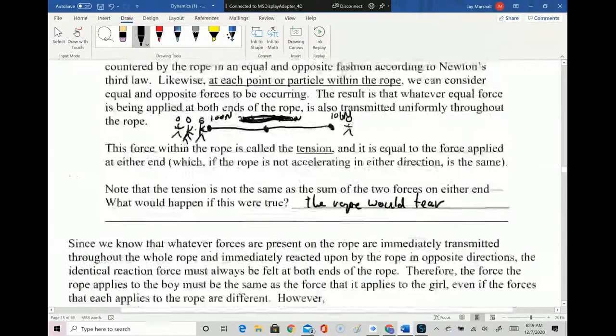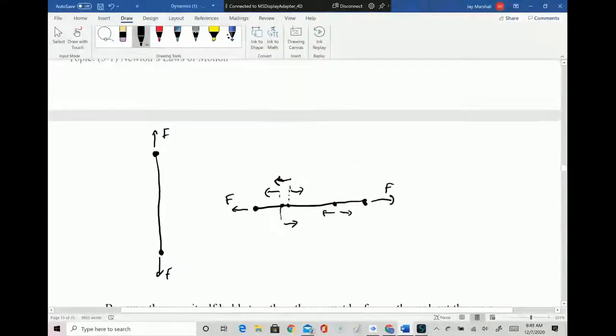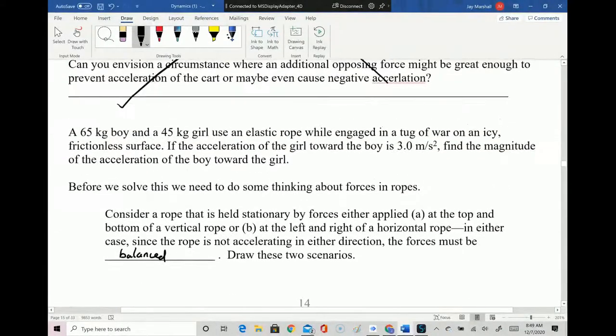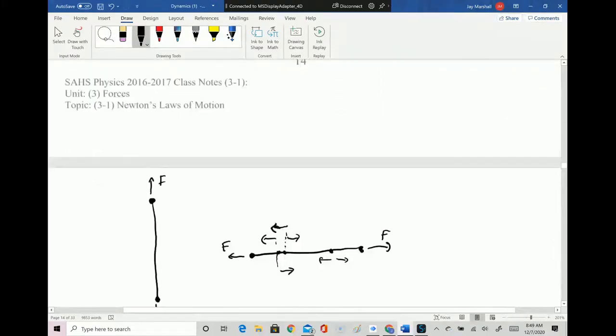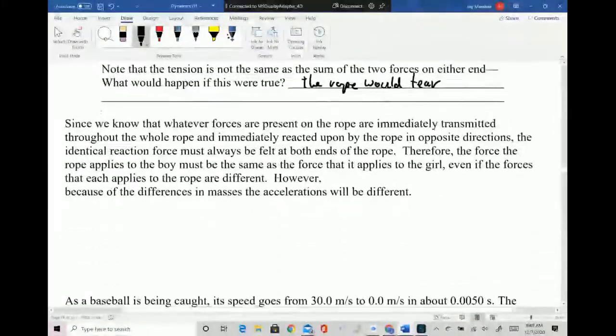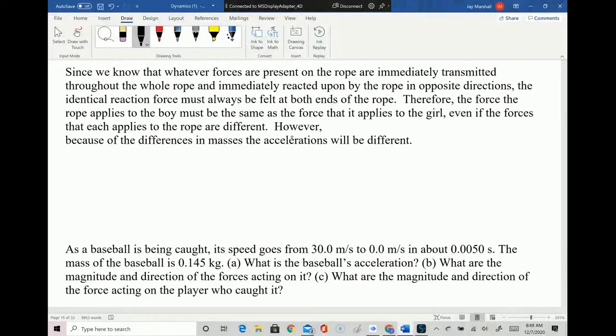So we've said, what did we say our 65 kilogram and 45 kilogram boy or girl? Okay, so I've got a 65 kilogram boy and a 45 kilogram girl.